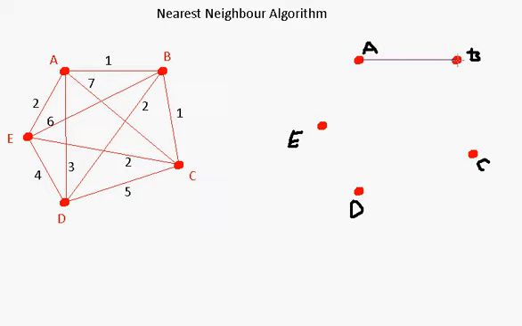So the next one is BC. From C, I'm now looking at the shortest distance to get to either E or D, and that will be E.